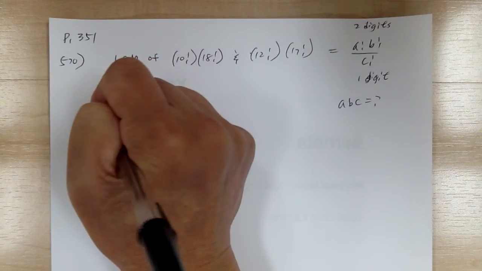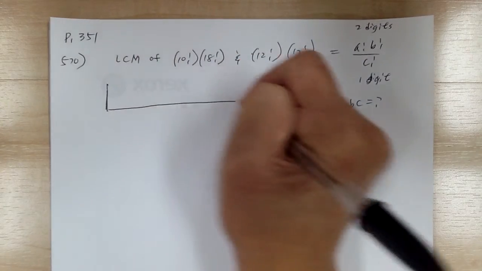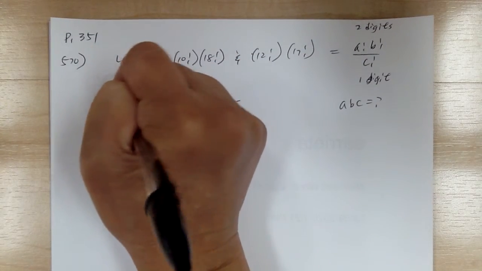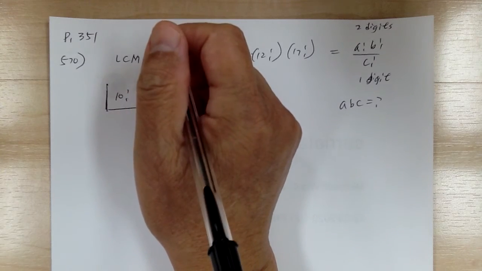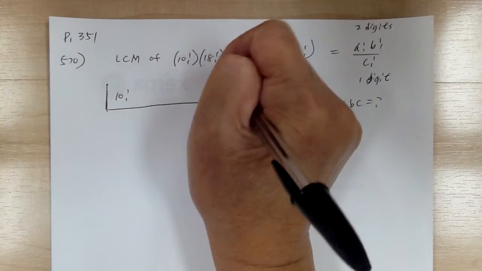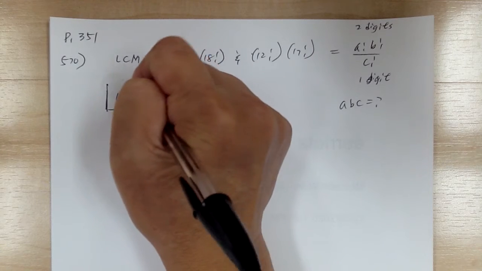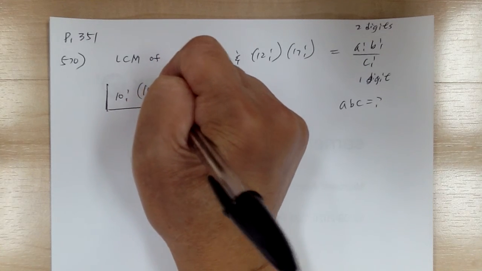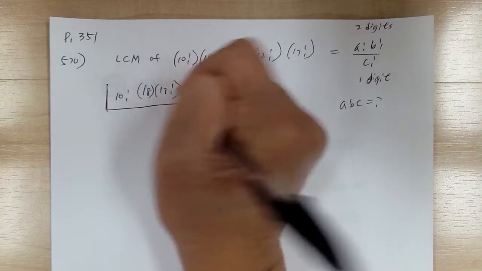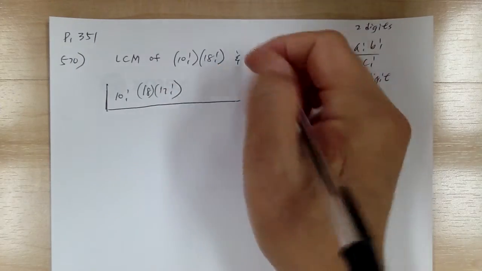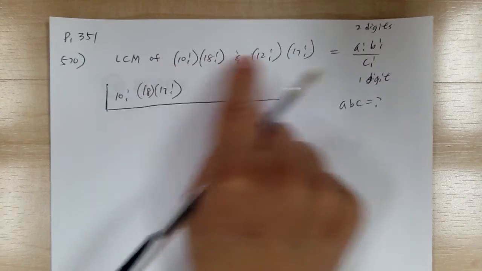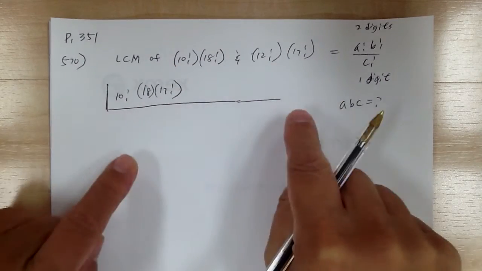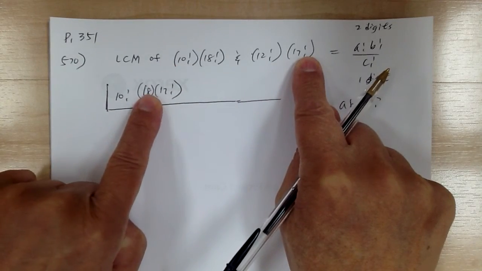To do the LCM, you do the factoring. So you have 10 factorial. Then 18 factorial would be 18 times 17 factorial. I'm going to do the same thing with this one, since I'm trying to get common factors. So this is 17 factorial. That's why I'm writing it out this way.